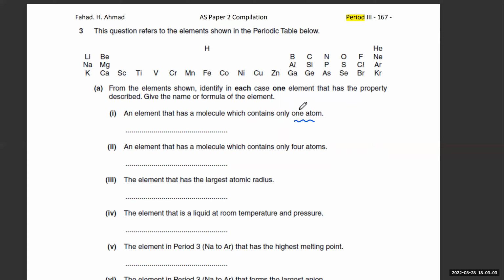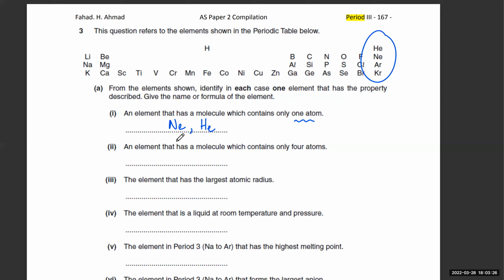The group helium and Noble gases, right? So you can go with neon. It could be anyone, helium, neon, or argon. Helium and neon are better answers.